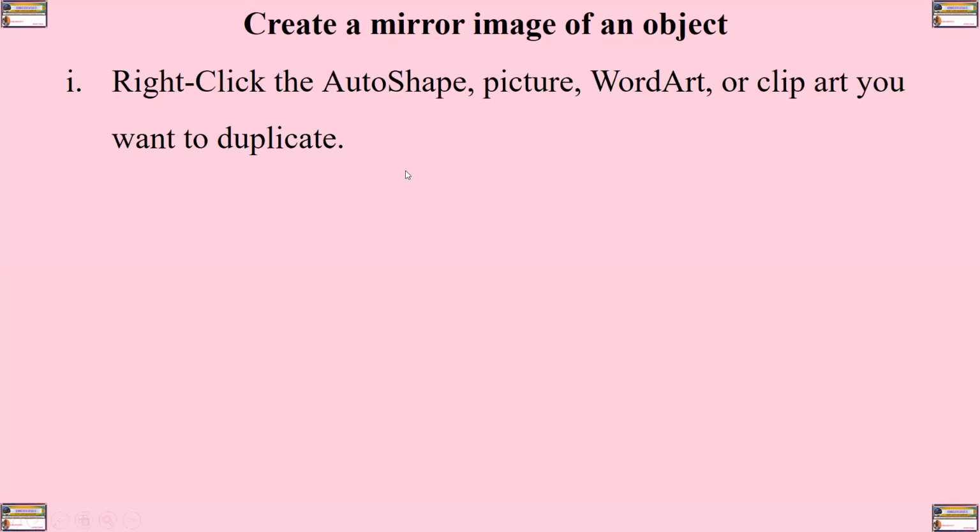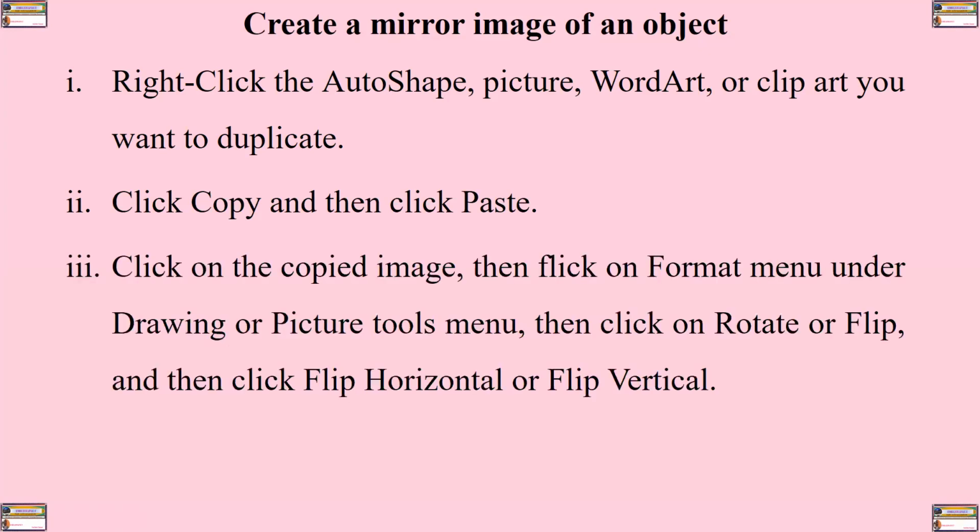You can also create a mirror image of an object. How do you create a mirror image of an object? To create a mirror image of an object, you right-click the Autoshape, picture, Word Art or clip art you want to duplicate. And then click Copy and click Paste.